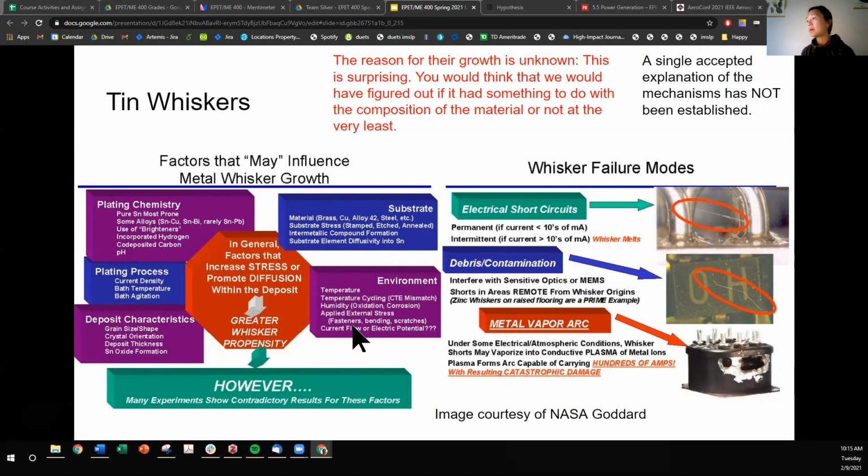And we can do our best to mitigate all of these different causes, but there's not an exact cause and effect of totally eliminating tin whiskers. So yeah, you can see here the different failure modes that tin whiskers can create: electrical shorts, contamination, metal vapor arc.